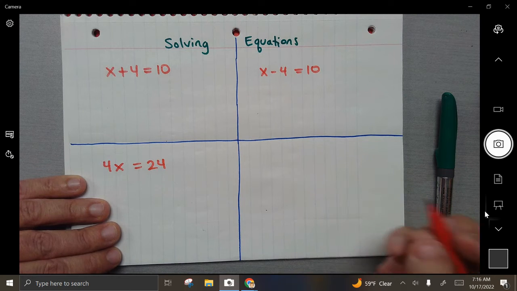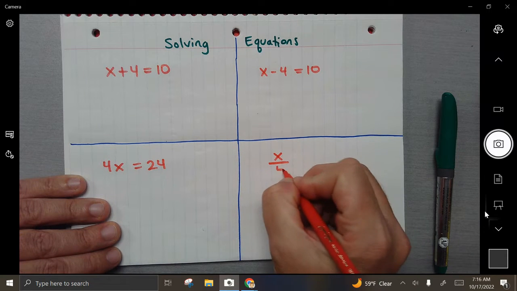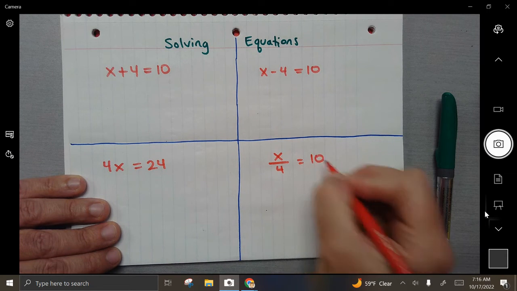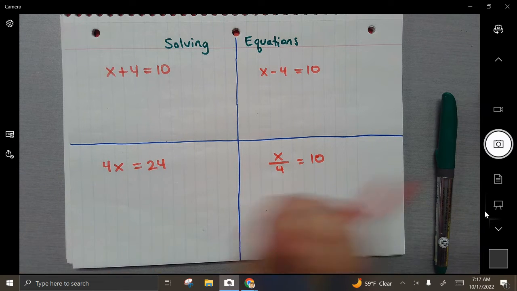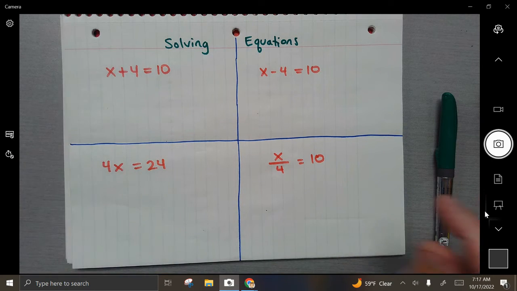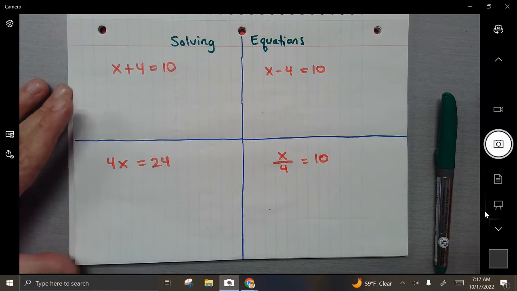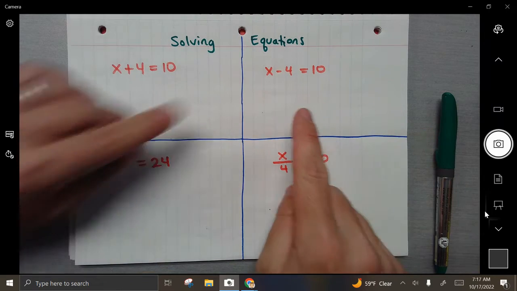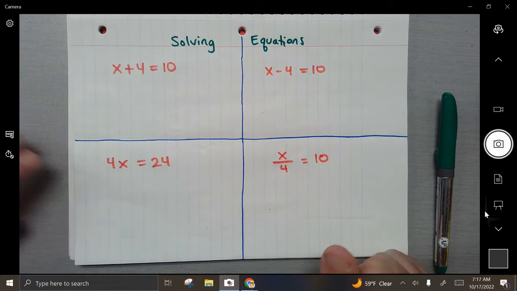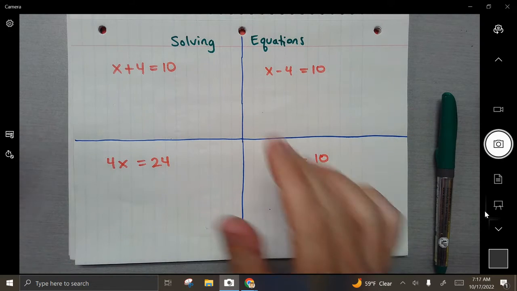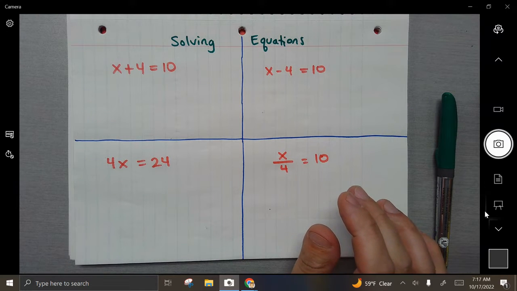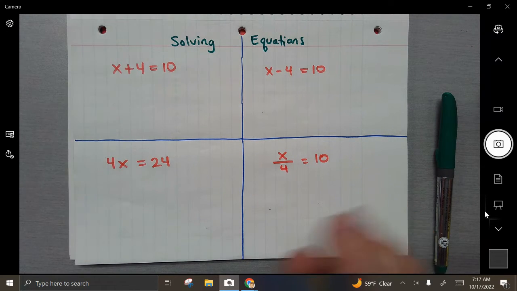And then x over 4 equals 10. So I just put down 4 different equations. There are no negatives, except you could call that negative 4 there. I kept them very simple, and I want to attack them the way you are supposed to attack your equations.